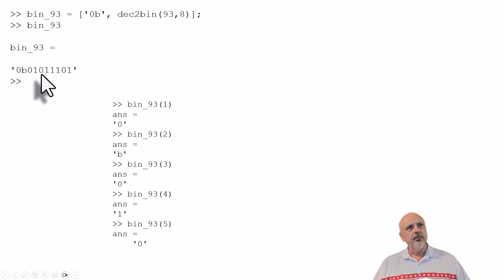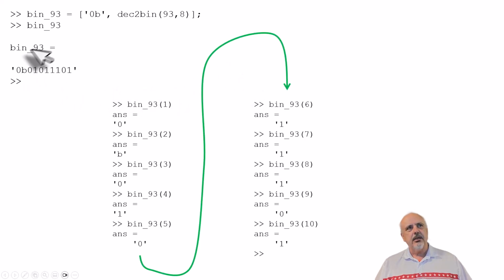I'm sorry, the fifth one's going to be a 0. And then carrying on here, 6 is a 1, 7's a 1, 8's a 1, 9 is a 0, and 10's a 1. Kind of just brute force going through there with the parens to index into that array.